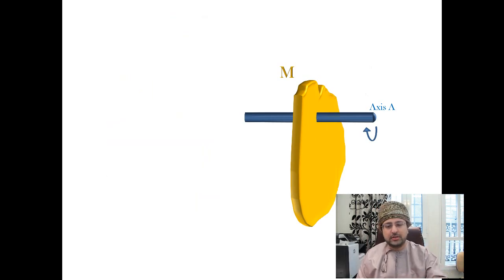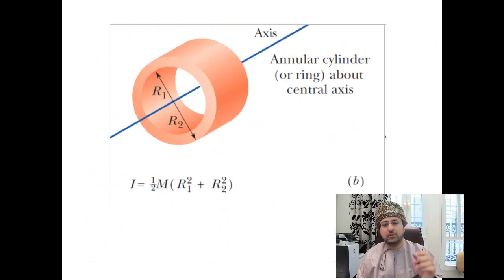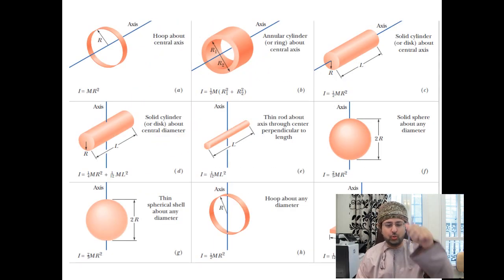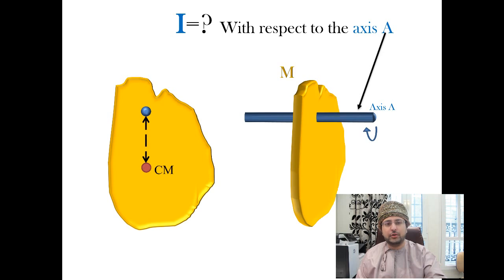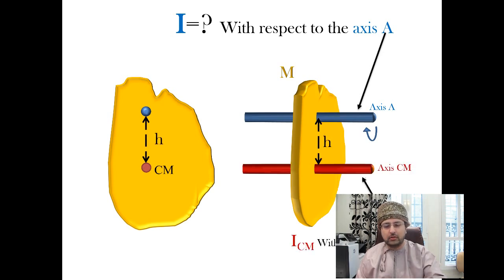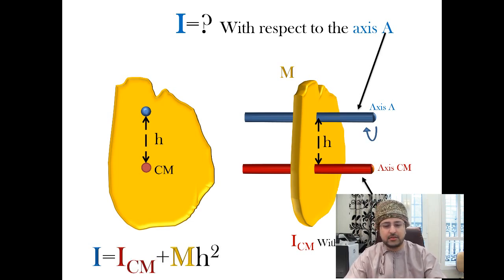Now, if you notice, in the previous bunch which we looked at, they're always pretty much going through the center of mass or the center of some symmetrical shape. So we say, okay, we're going to try to find that at the center of mass, but then what? Well, it turns out we have something called the parallel axis theorem.